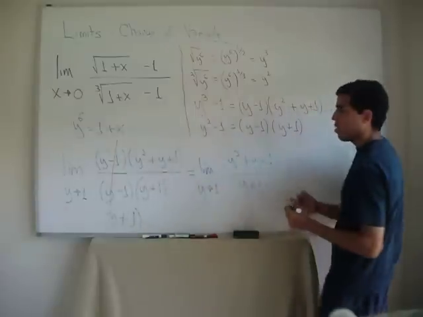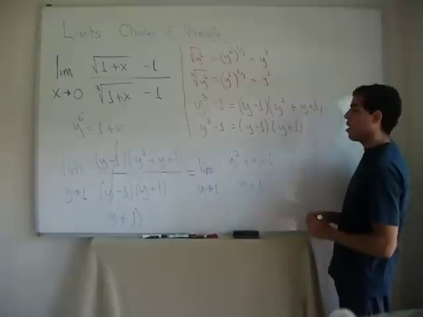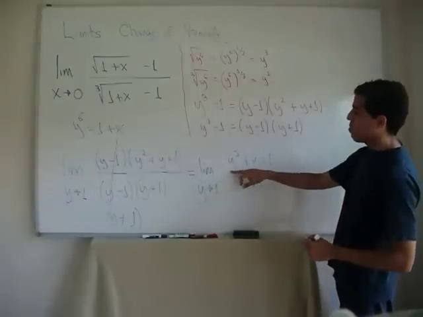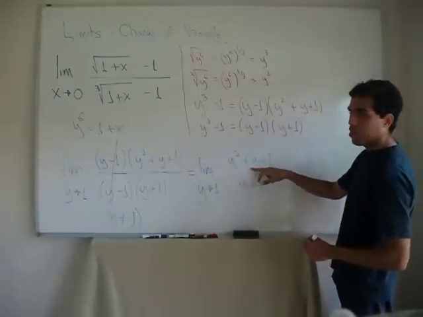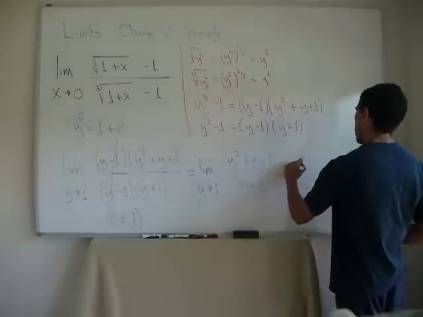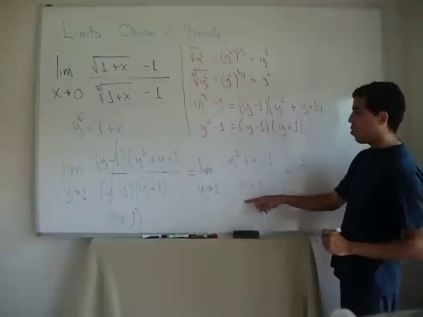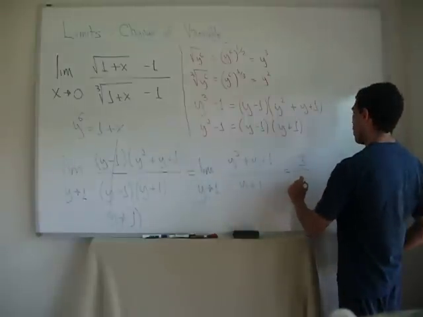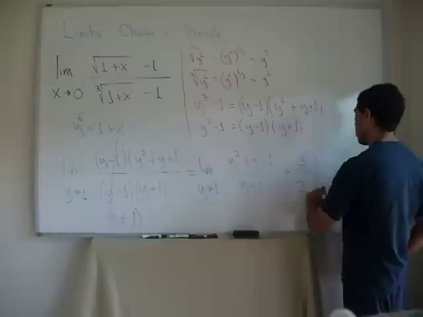And now, since we got rid of the indetermination, we evaluate. 1 squared is 1, plus 1 is 2, plus 1 is 3, over 1 plus 1, 2. And this is the answer to the exercise.